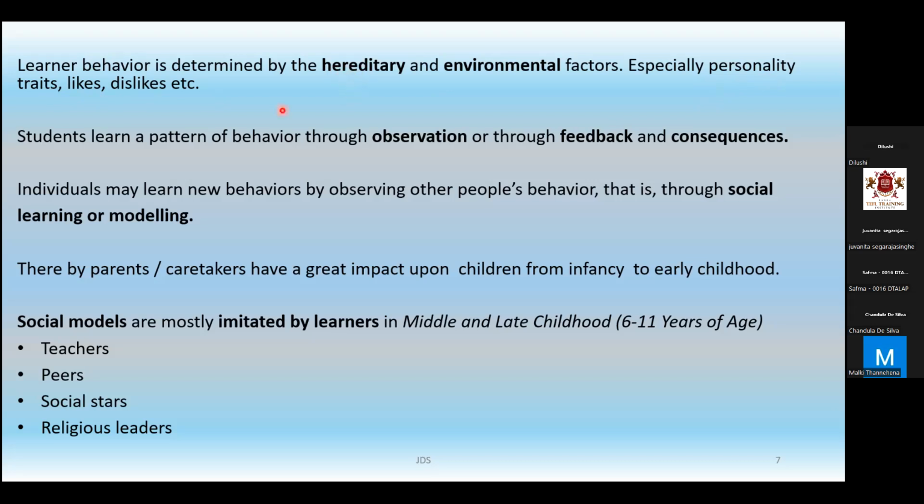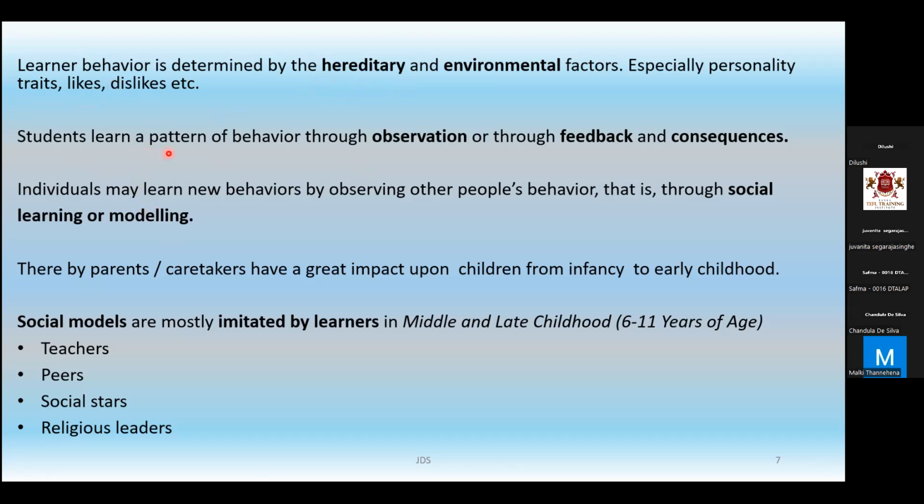What you like, and why you like certain things, and your traits like anger, being very sober, honesty, all those are believed to be hereditary. It doesn't mean that you can't change them. You can change them with the environmental factors, but they are more or less inherited from the parents. So that is one feature regarding behavior.